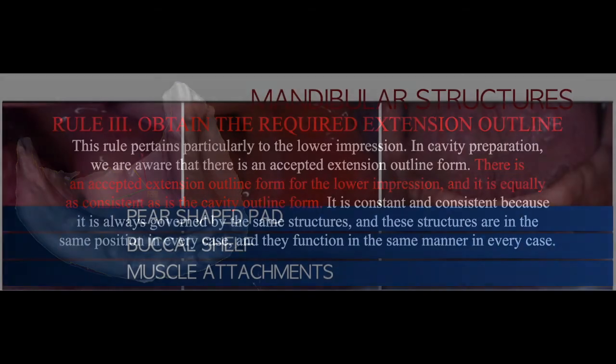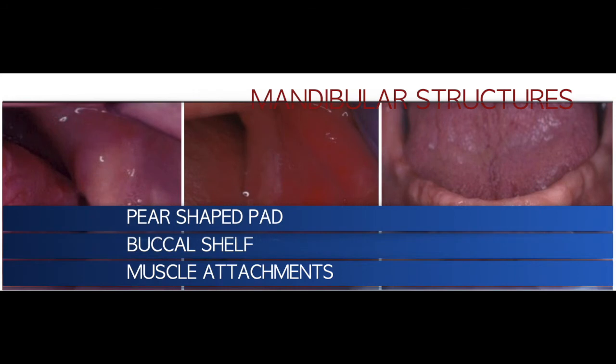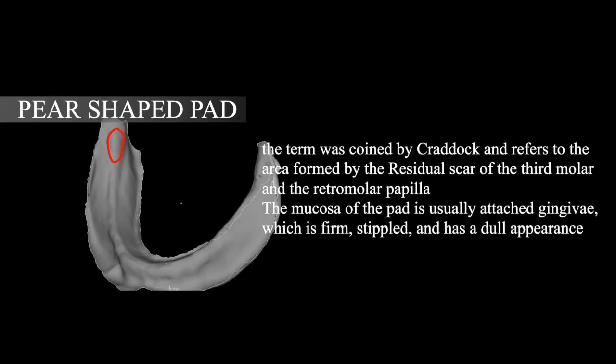So, mandibular structures: pear-shaped pad, buccal shelf, muscle attachments. Let's take a look at the pear-shaped pad. The term was coined by Craddock and refers to the area formed by the residual scar of the third molar and the retromolar pad. It's right in this lesion.